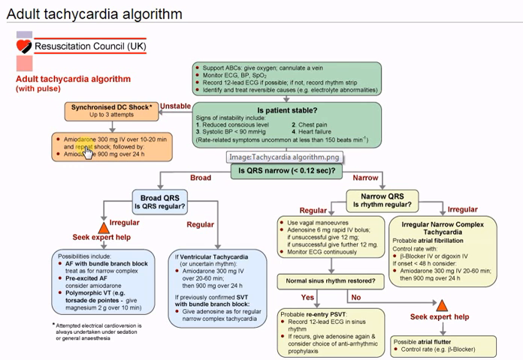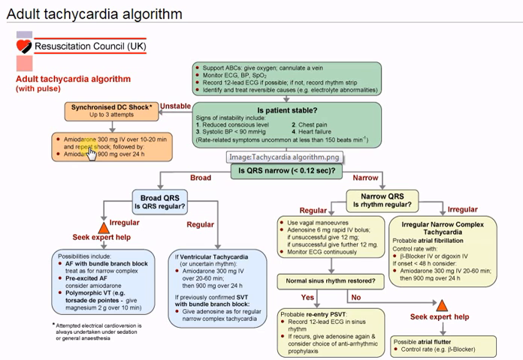Amiodarone 300 milligrams in infusion, then 900 milligrams over 24 hours. After you give 300 milligrams of amiodarone, you can repeat, you can start again.